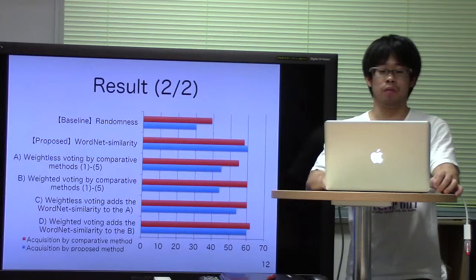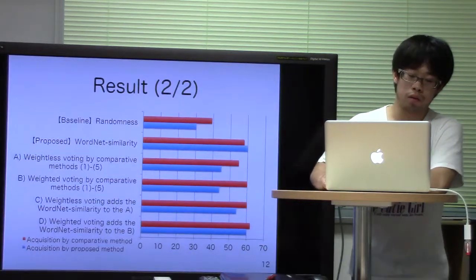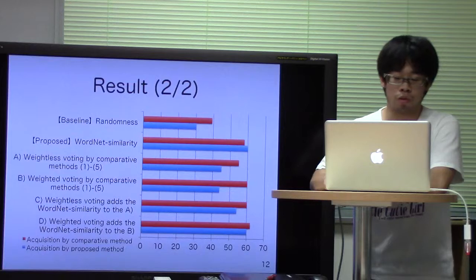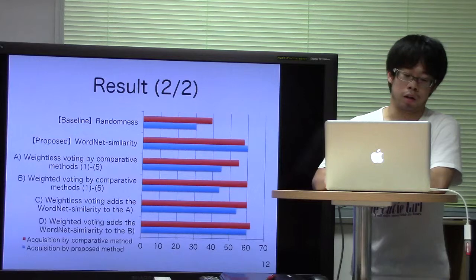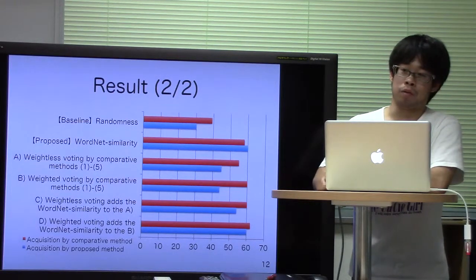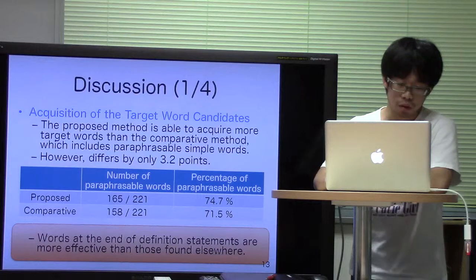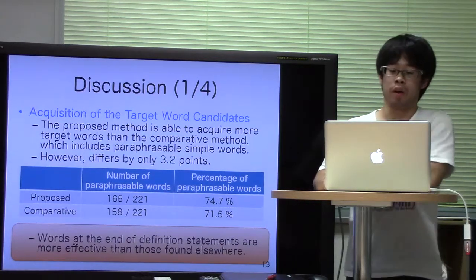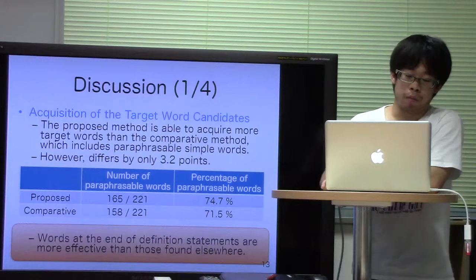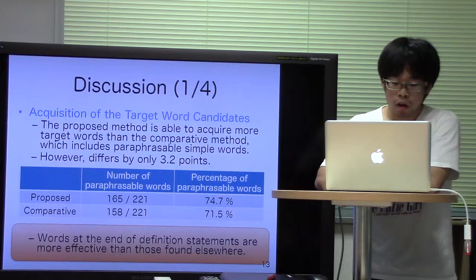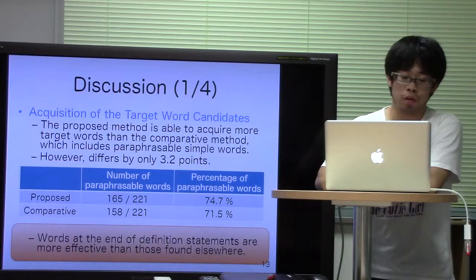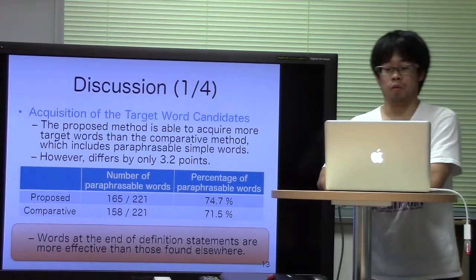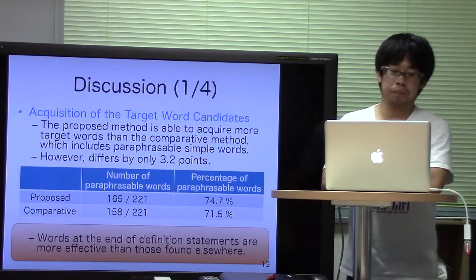Result of the experiments on the 100 difficult words. The comparative methods, which use the weighted voting method, have an accuracy rate nearly equal to that of the proposed method. The proposed method is able to acquire more target words than the comparative method, which includes paraphrasable simple words. This shows the potential as well as effectiveness of the proposed method, which acquires target words from the entire definition statement.